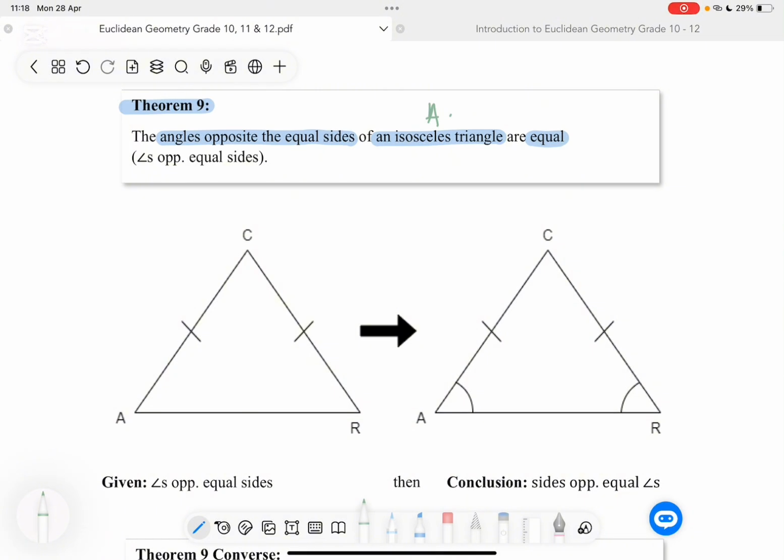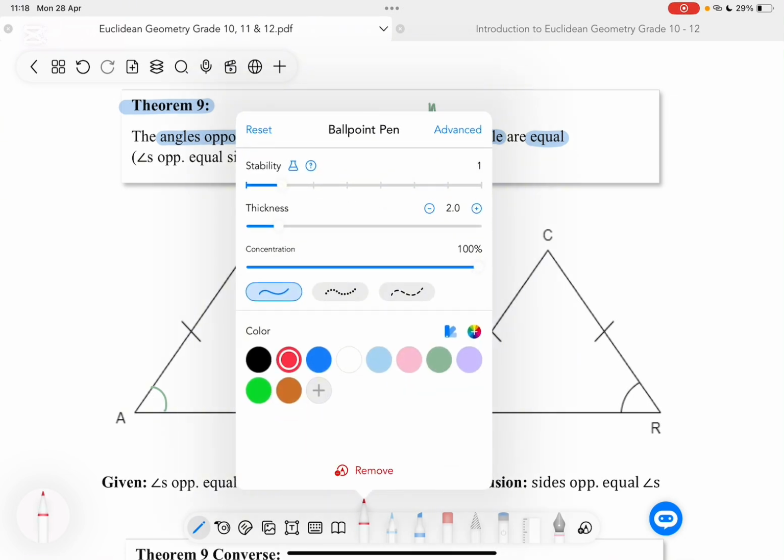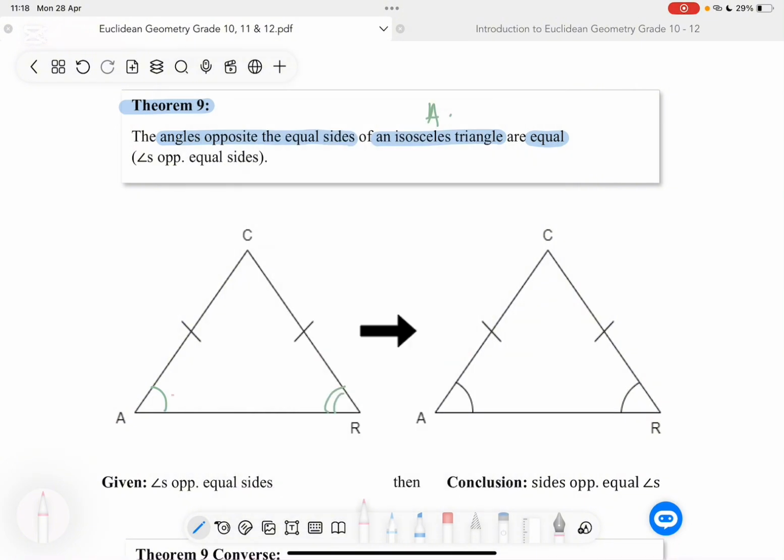So this is to say that if we look at angle A here and we also look at angle R here, it is clear to us that angle A is opposite side CR, and it is also clear to us that angle R is actually opposite AC.